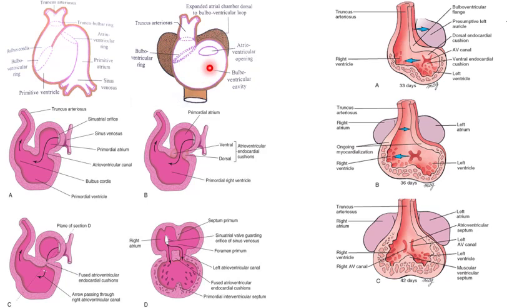This primitive atrium is communicating ventrally with the bulboventricular cavity through the atrioventricular canal. Initially, this canal lies between the left side of the primitive atrium and the future left ventricle.